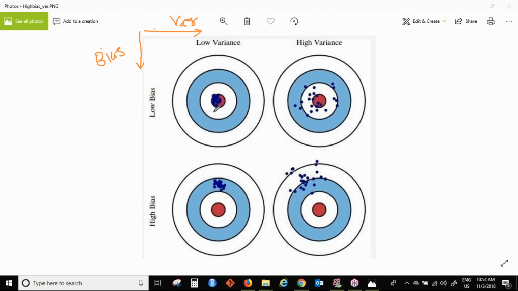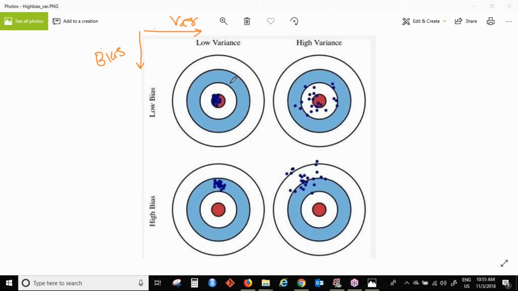This is low bias because your prediction is almost on the target, so you are neither over predicting nor under predicting, you are exactly on the target. Similarly, this one is high bias because you are away from the target. Now let's look at the variance axis.